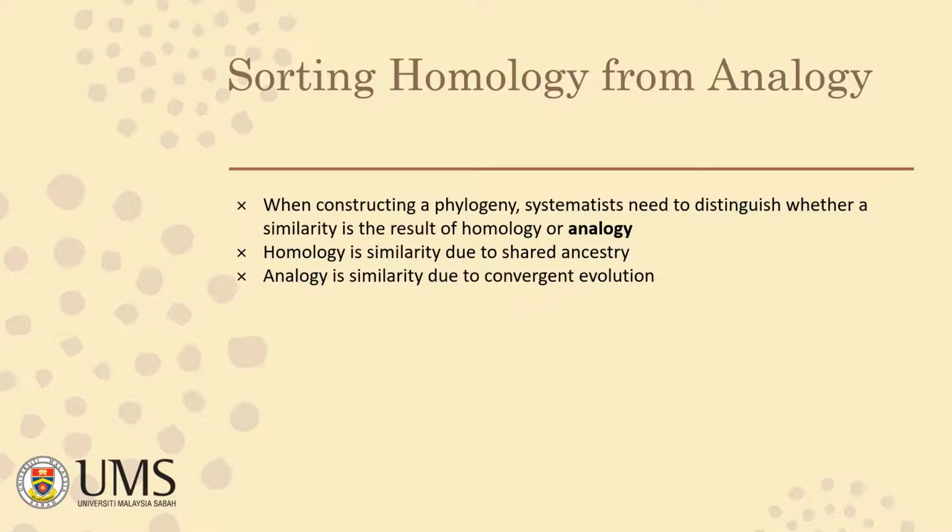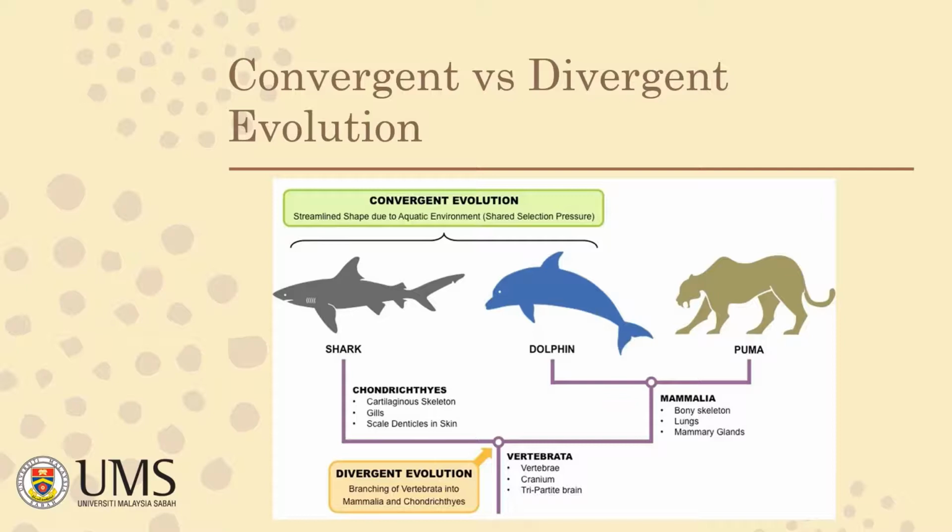So homology is because these organisms share the same common ancestor, but analogy is due to convergent evolution. Convergent evolution, we will look at the example. This is how we explain convergent versus divergent evolution.